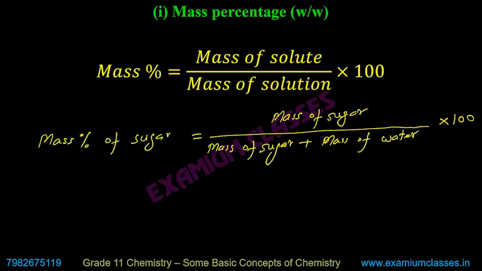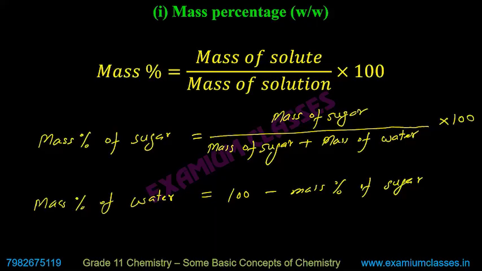Now you might be asked the mass percent of water also. If you have already calculated the mass percent of sugar, it will be 100 minus the mass percent of sugar.